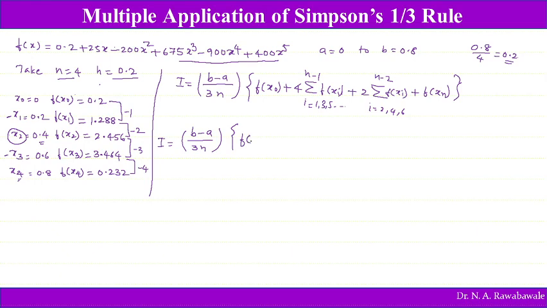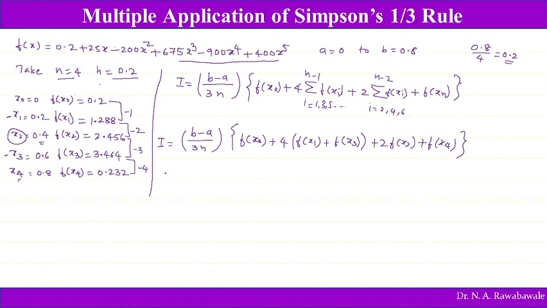That is (b minus a) divided by 3n, in brackets, f of x0 plus 4 times, so 1, 3, 5 is not there, so here 4 times f of x1 plus f of x3, plus 2 times the even term, which is only one, that is x2, so f of x2, plus the last term f of x4, where n is equal to 4.